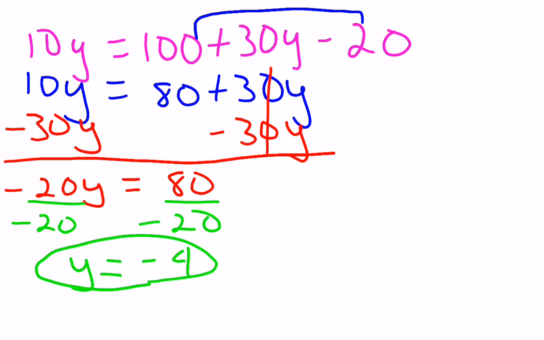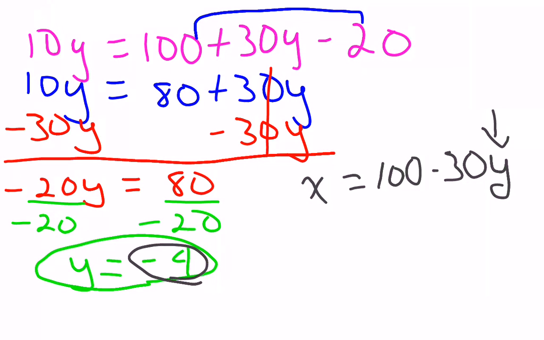Now, are we done? No, because we need to find out what x is equal to. So remember, back when we rearranged this, we said x was the same as 100 plus 30y. And so we can plug in our y value in there, the negative 4. So we have x equals 100 plus 30 times a negative 4.